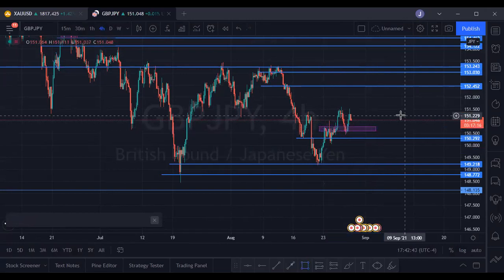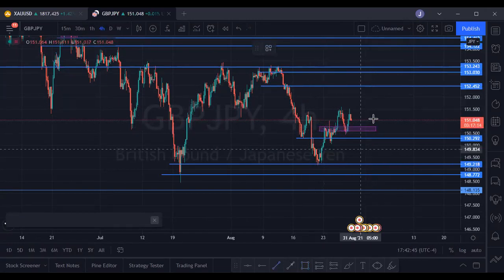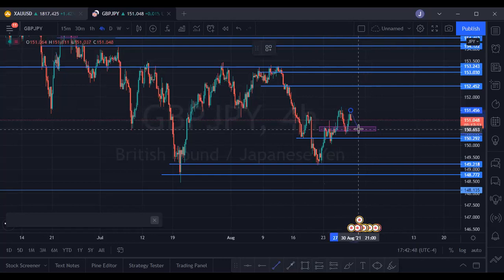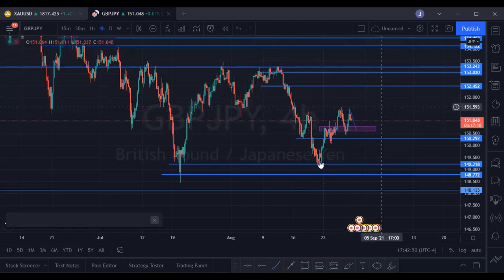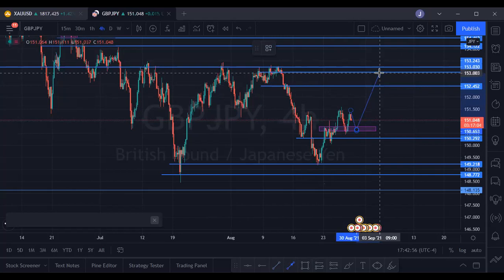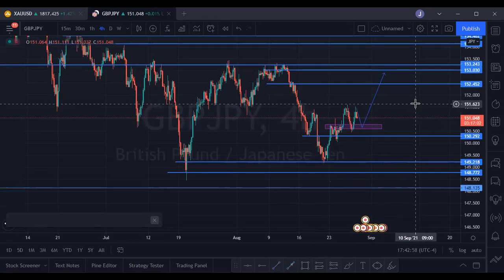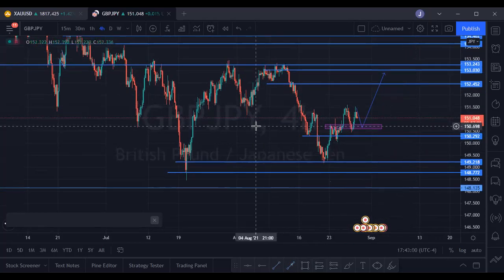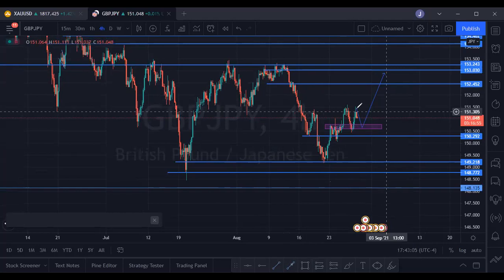So I am expecting price to come to these points, then move up to the upside. I'll be setting my pending buy limit orders in this zone here.